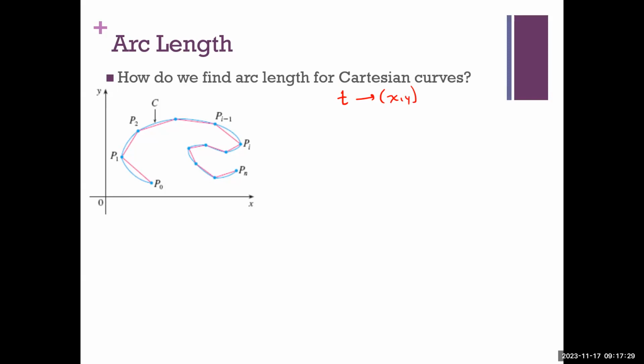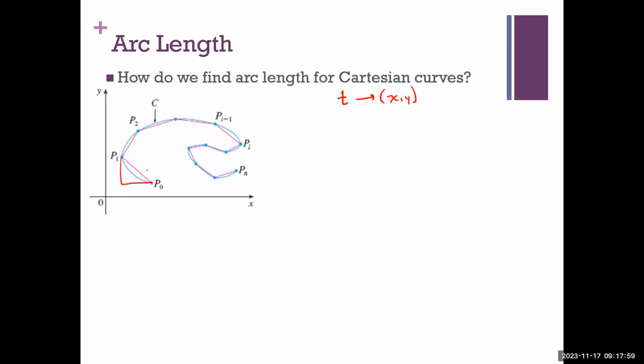Do we remember how we set up arc length when we were looking in Cartesian coordinates? Basically what we did was we take a curve that has no straight lines in it, and we approximate it, breaking it up into straight line segments. So let's just pick the first one of these. Can I find the length of this little pink line between P0 and P1?